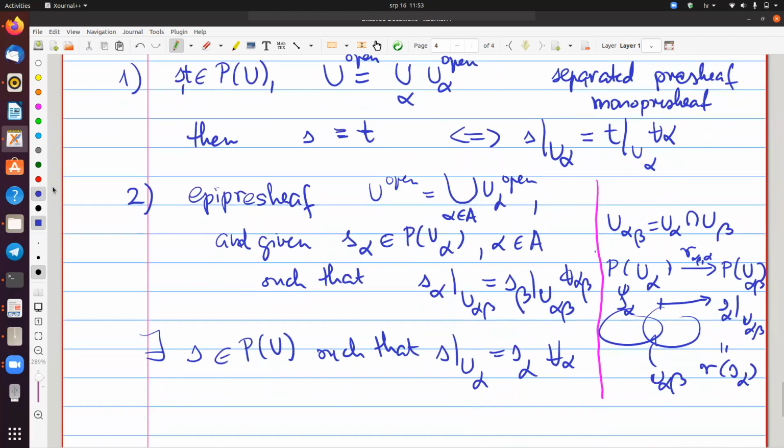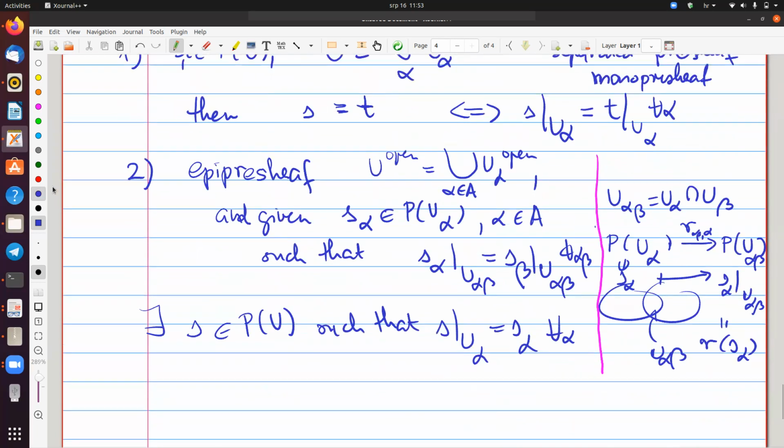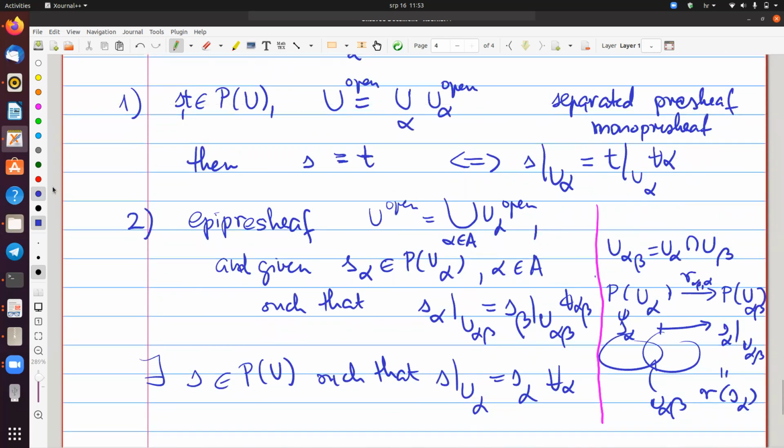Now, you see, you could put these two conditions as one condition. I could simply say there exists unique. Because if you call this as alpha, then you have to glue in a unique way. Another way around, there exists unique section, so they glue and they glue uniquely.